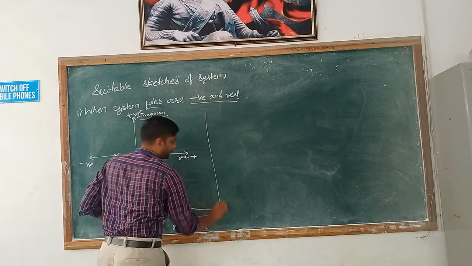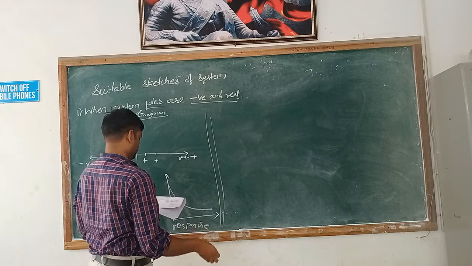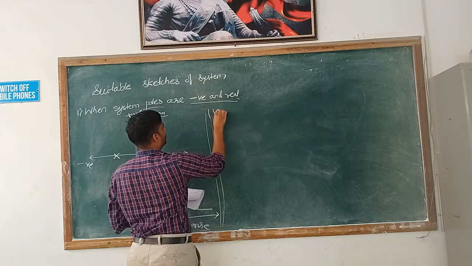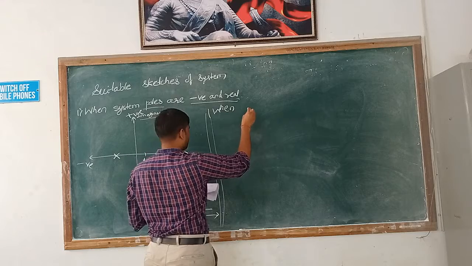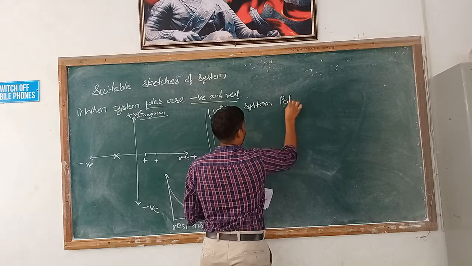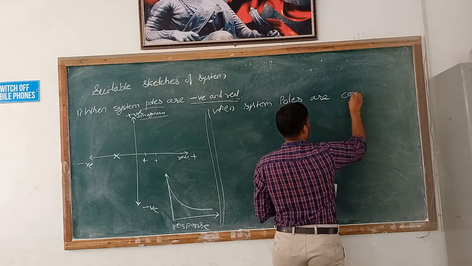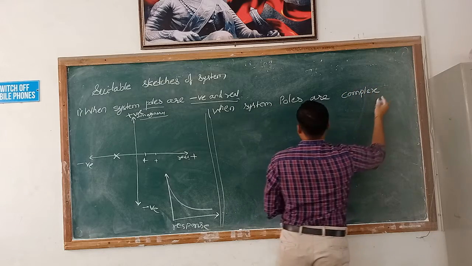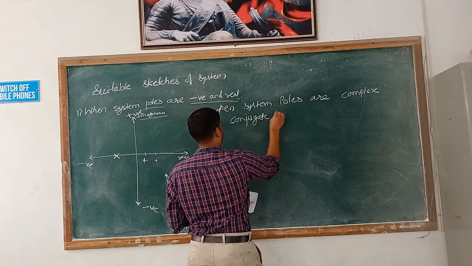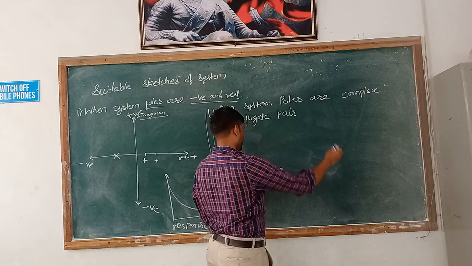Again we have the second situation, where the system poles are a complex conjugate pair with negative real part.